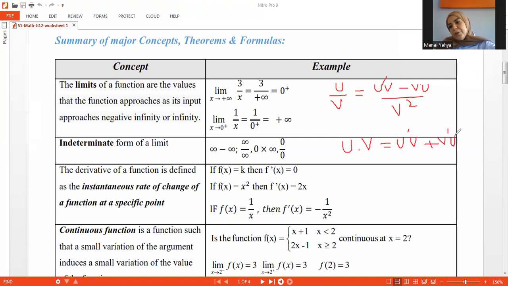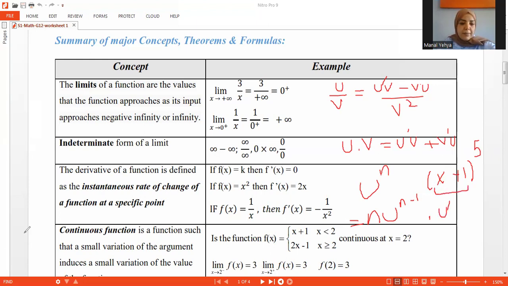Okay, now if we have u to the power n, for example, we have x plus 1 to the power of 5, and we need to find its derivative. It's similar to x to the power n, so it's n u to the power n minus 1, but I need also to multiply it by the derivative of the term inside.